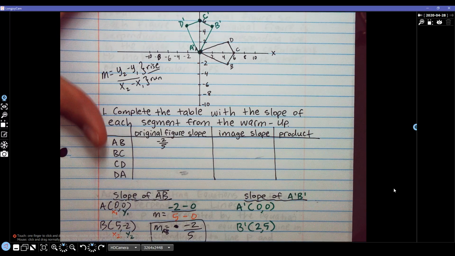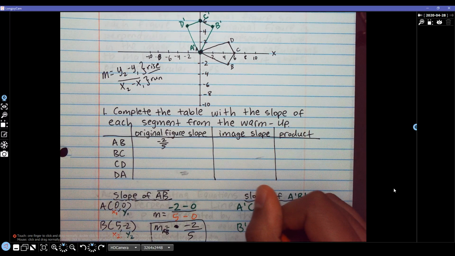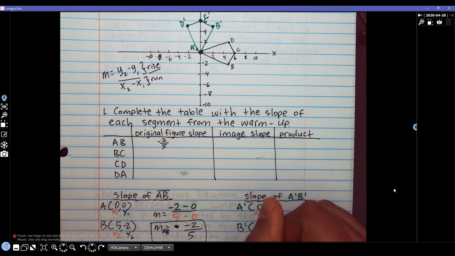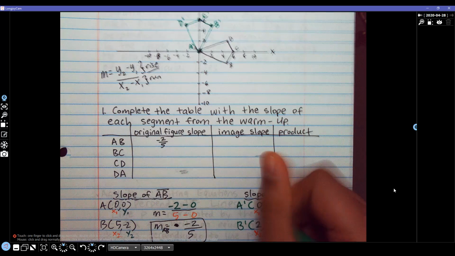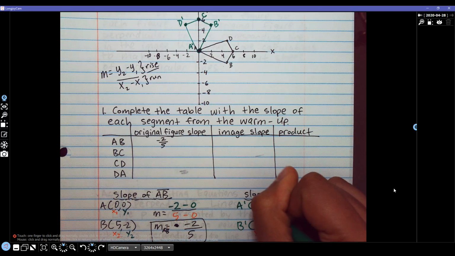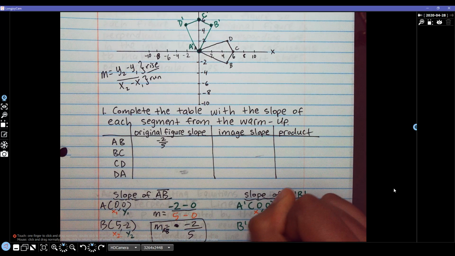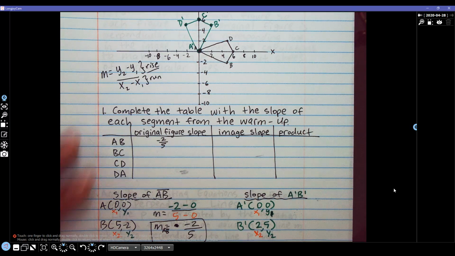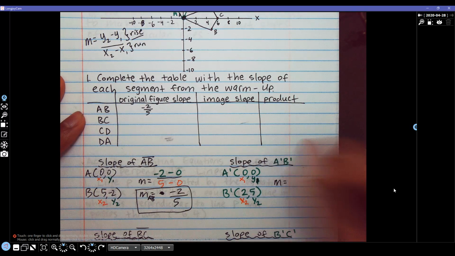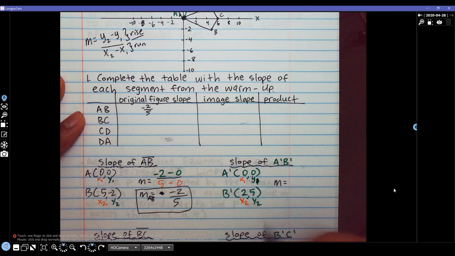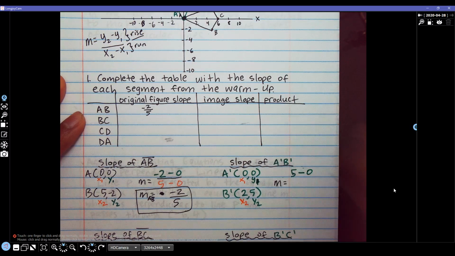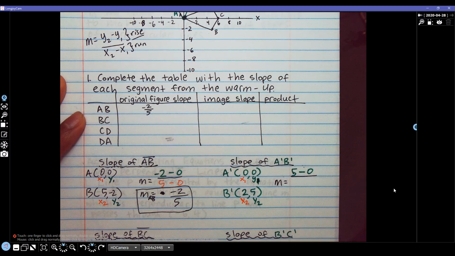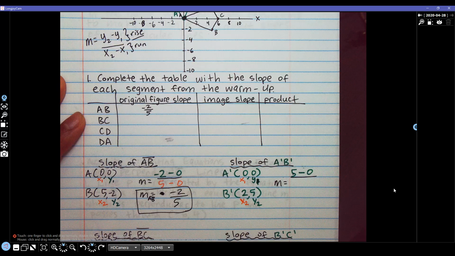So again, I am going to label x1, x2, and y1, y2. So we've got m is equal to y2 minus y1, so 5 minus 0, over my x2 minus x1, that's 2 minus 0.